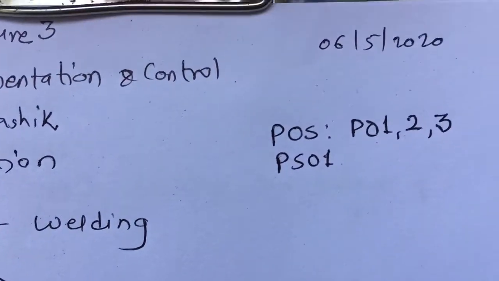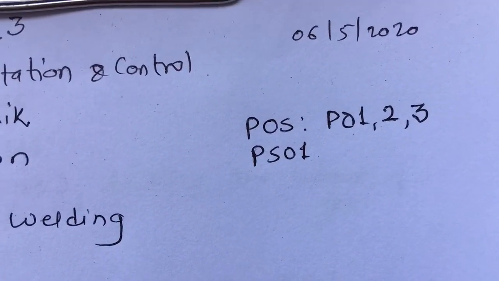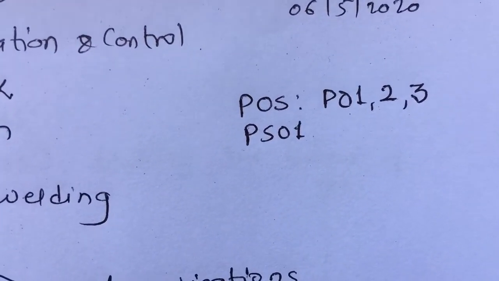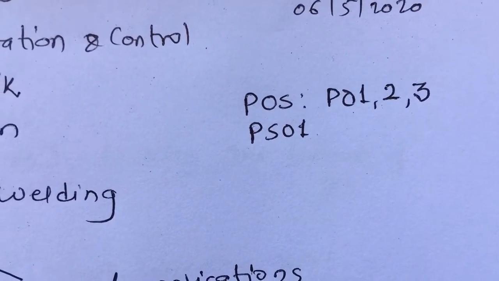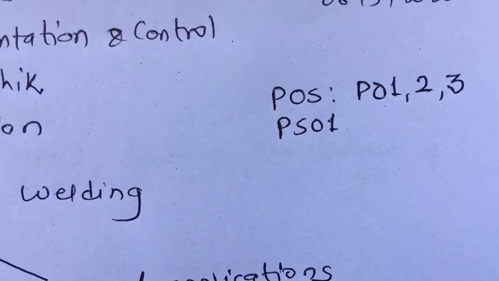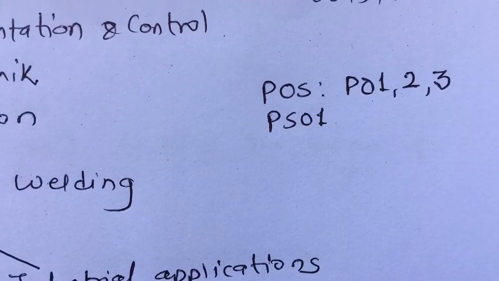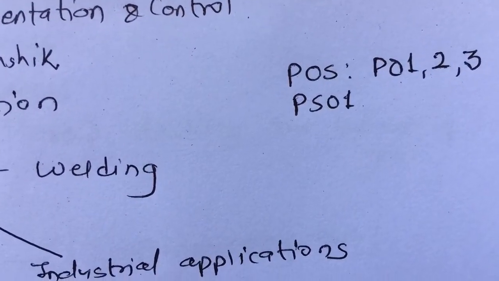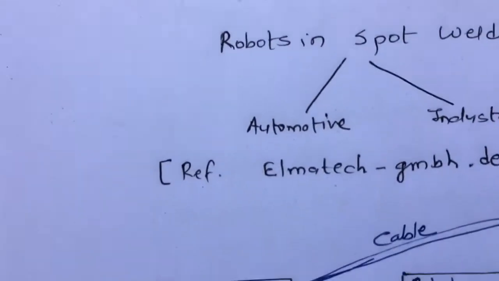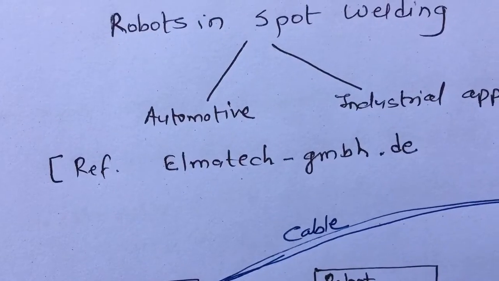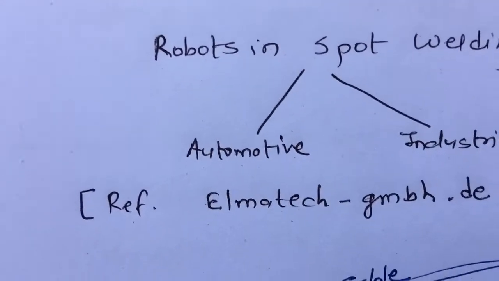In this particular session we will explore program outcomes PO1, PO2, PO3. PO1 is engineering knowledge, application of engineering knowledge, PO2 is problem formulation, PO3 is design and development of solution, and then PSO1, that is program specific outcome 1.